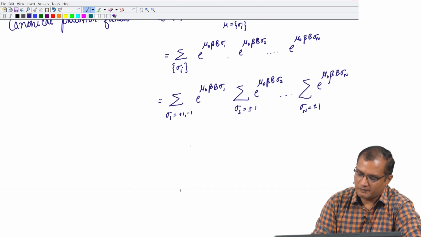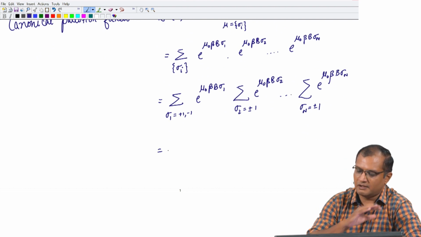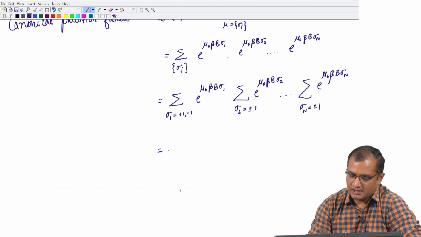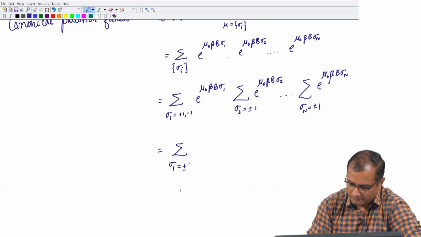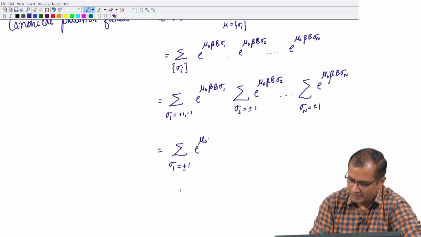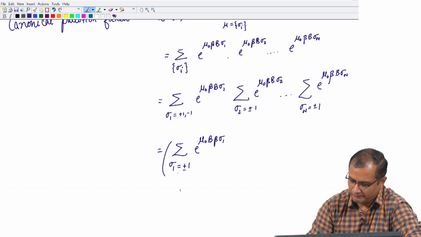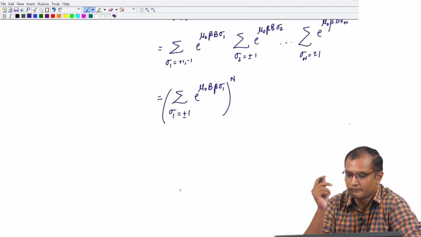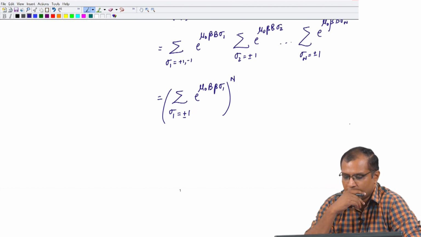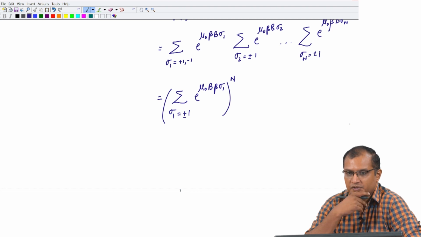These are all independent of each other, so it just amounts to writing down just one of them and raising it to the power n. So, the product of sums becomes sum of products.